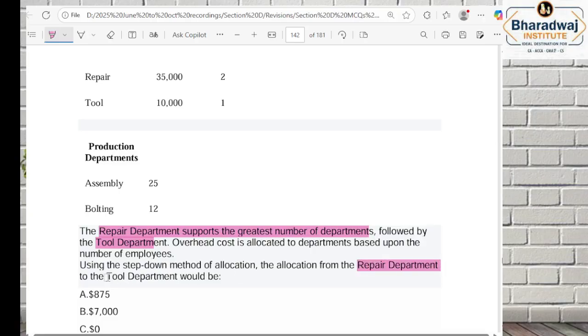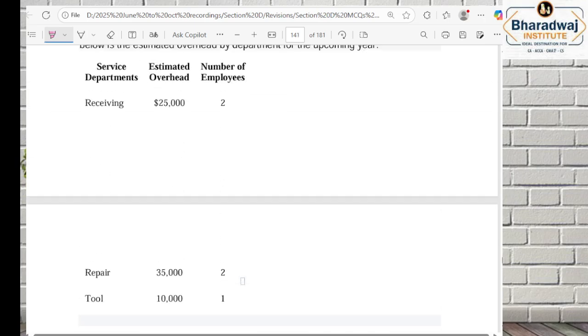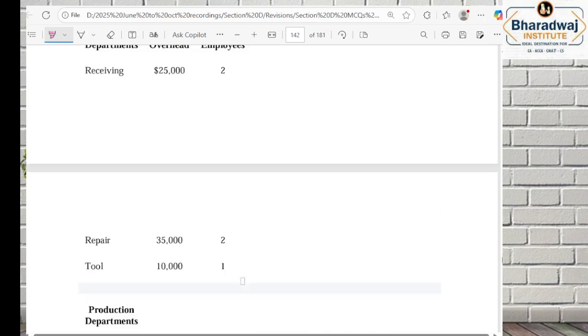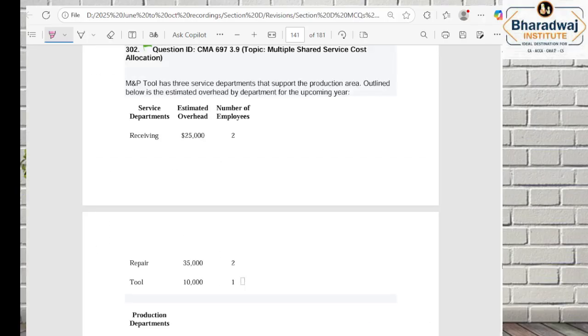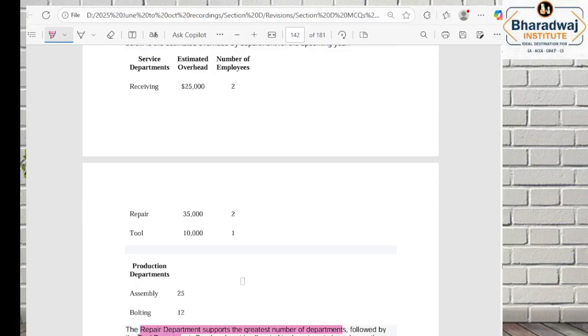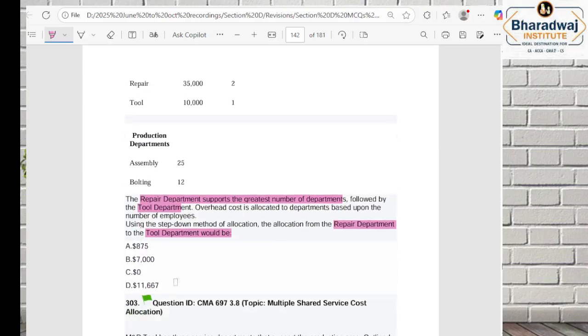Repair department to tool department. Try it and tell me the answer. Which option? D.